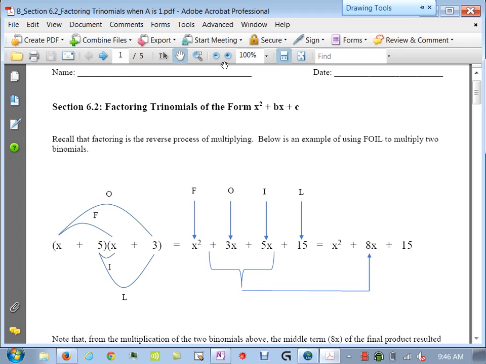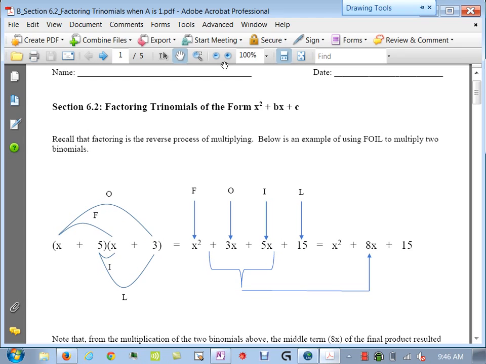Imagine there's a 1 sitting in front of that x squared, all right? Next class, I will have a handout where we deal with a number other than 1 in front of that. Today, it's a special case where this is a 1. Then we have some number in front of x, so that could be like x squared plus 2x plus, I don't know, 3. Got it?